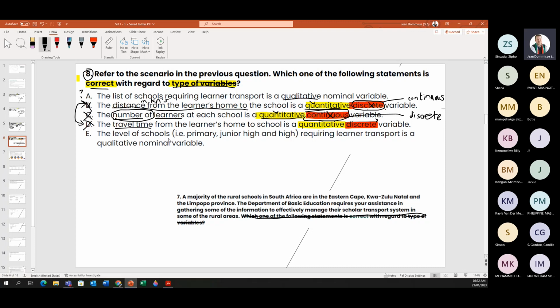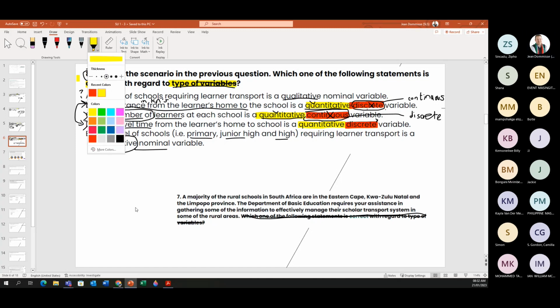The level of schools, primary, junior, high school, regarding transport is a qualitative nominal variable. Okay, so let's look. Qualitative, again, is correct.